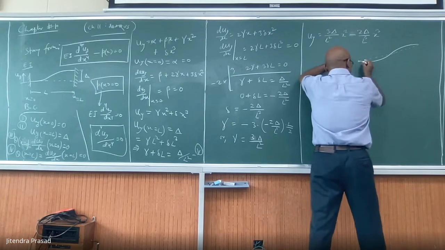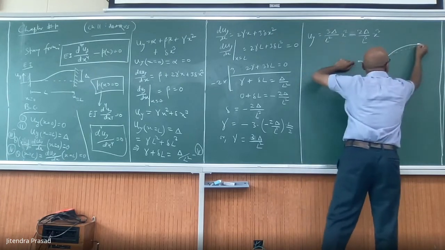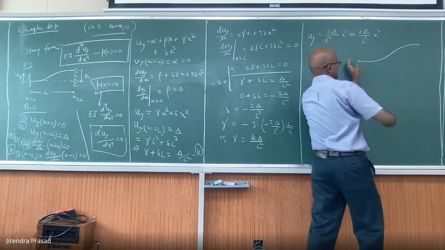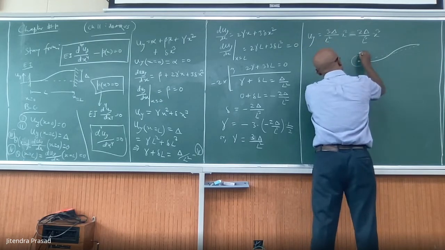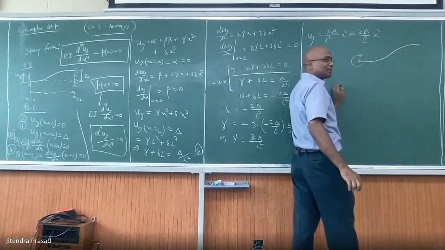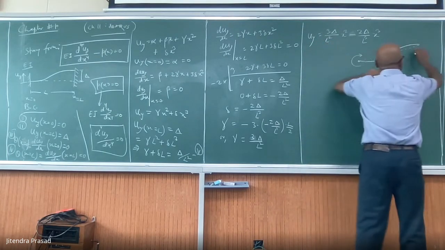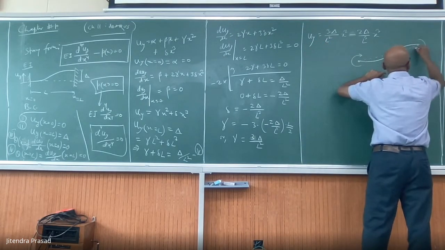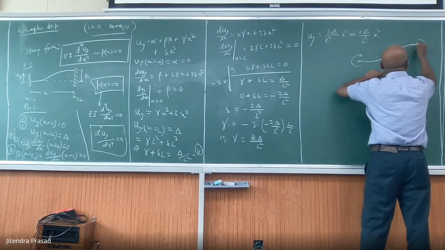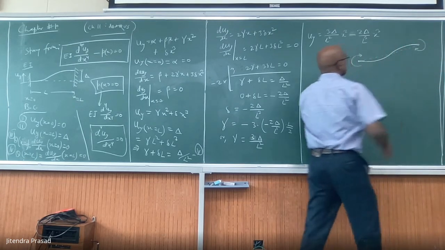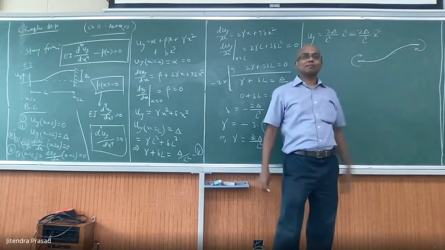Because of the hinge, this will be a straight line. But you are enforcing that slope is 0, so you have to apply a moment like this. Similarly here, you have to apply a moment this way, so that slope becomes 0. So you know the moment will be like that.